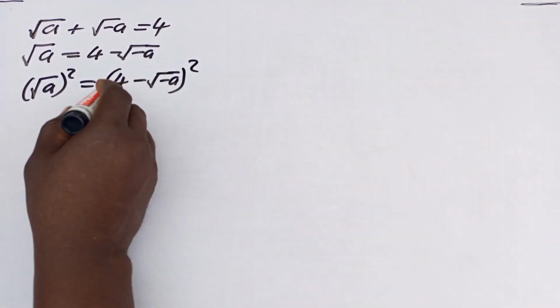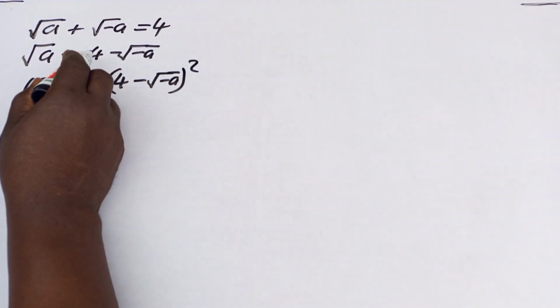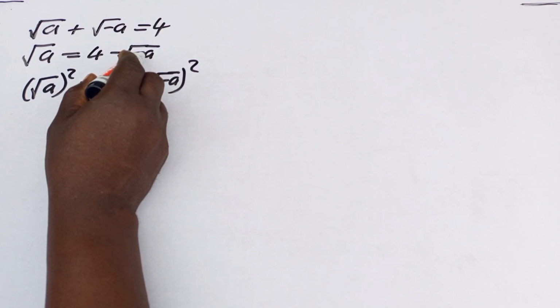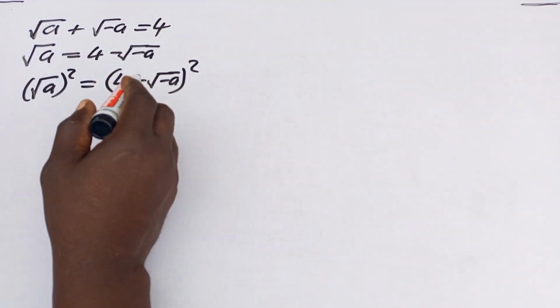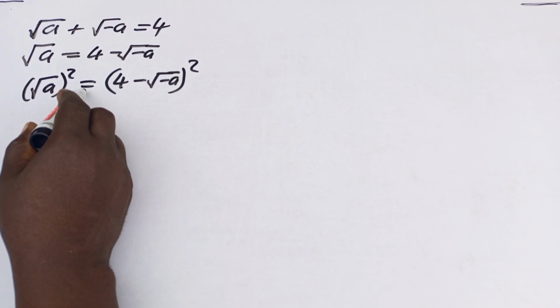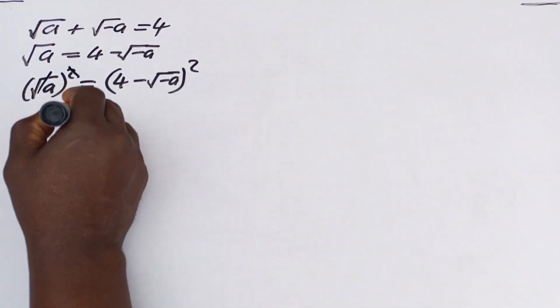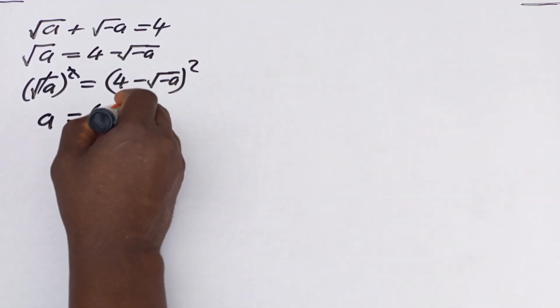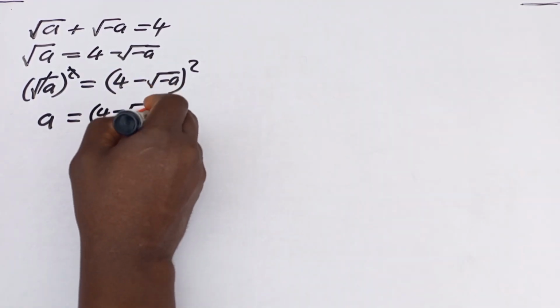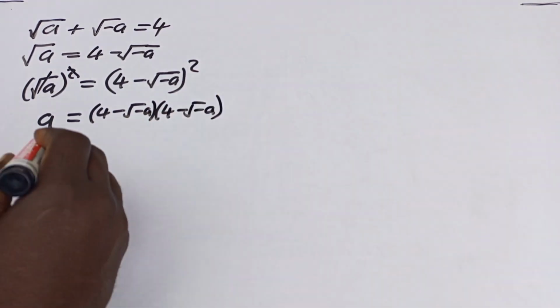Remember, we take the square of the whole expression. We don't take the square of 4 and the square of this one separately. It is the square of all the left hand side and the square of all the right hand side, in order to respect equality. Now this square cancels the square root. We have a is equal to 4 minus root negative a, times 4 minus root negative a.